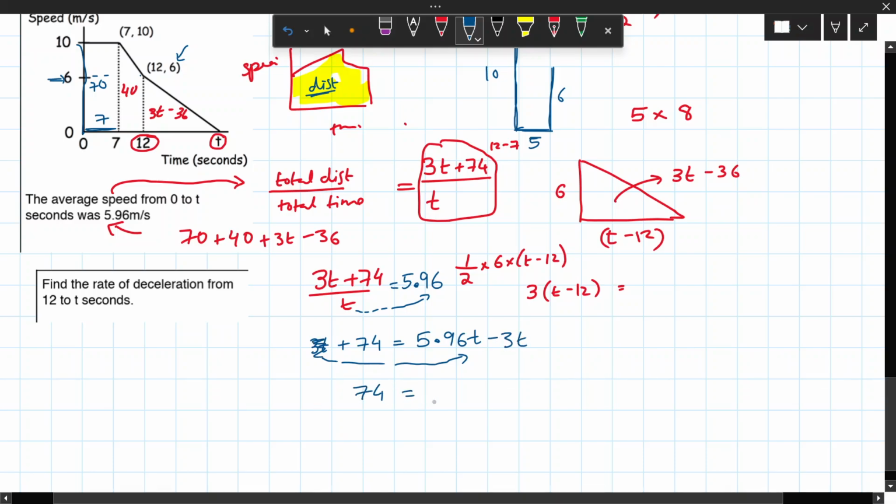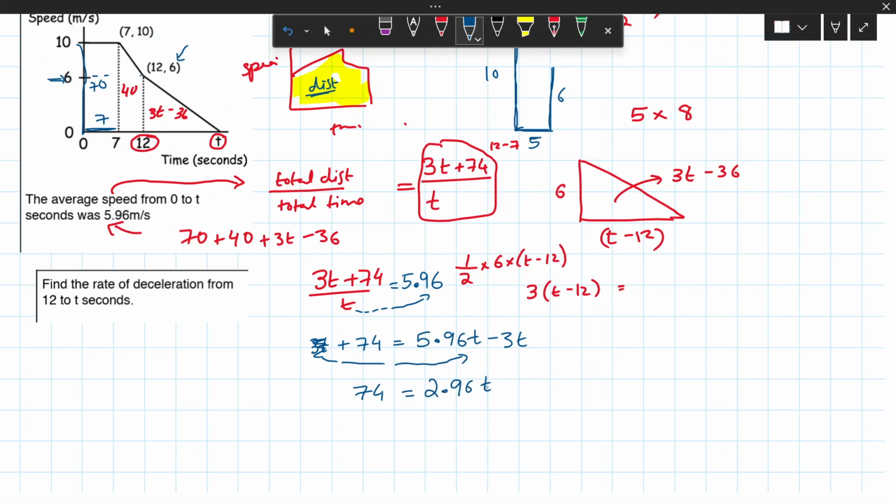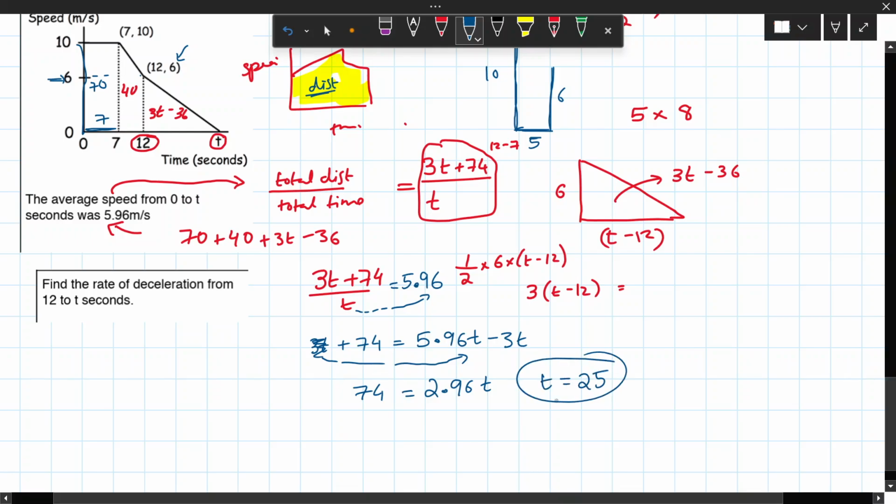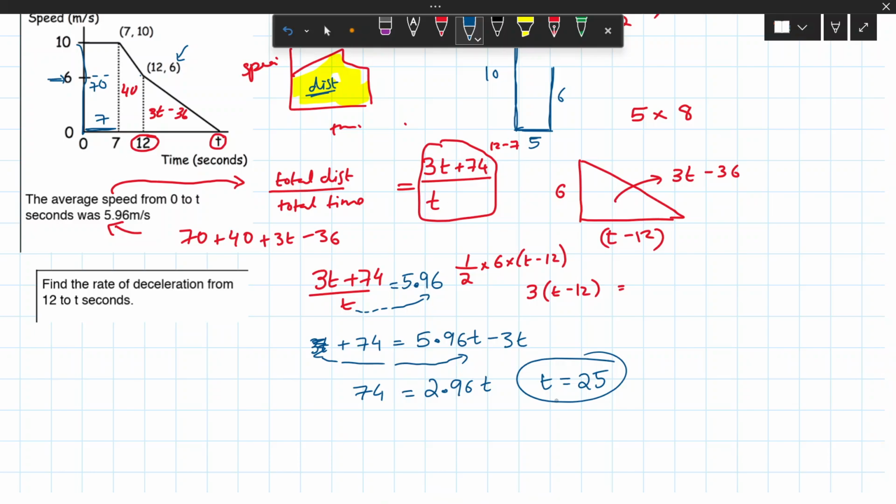So we now have 74 is equal to 2.96T. And if I divide 74 with 2.96, T is equal to 25. That's my answer.